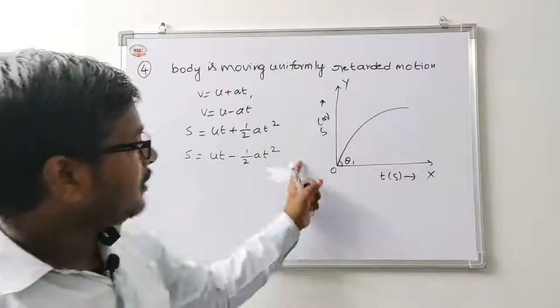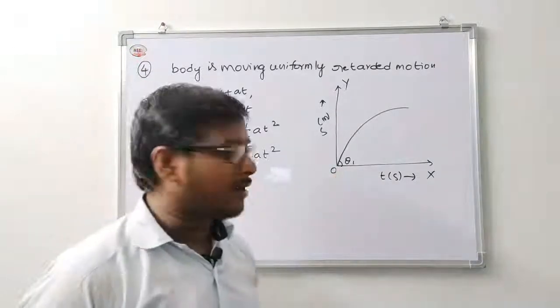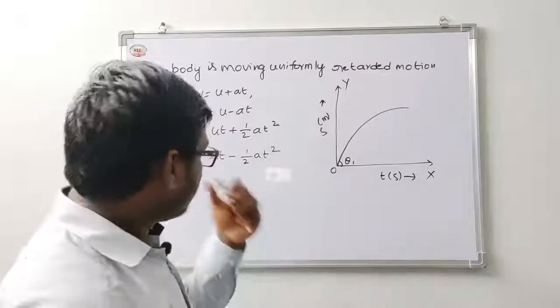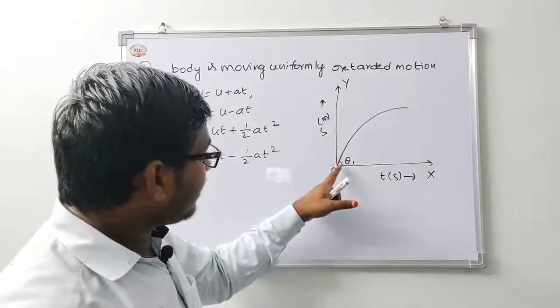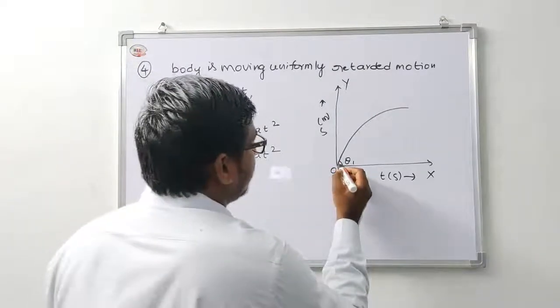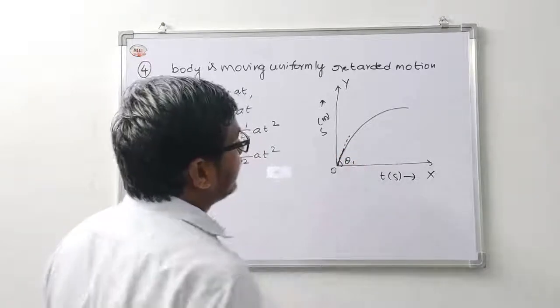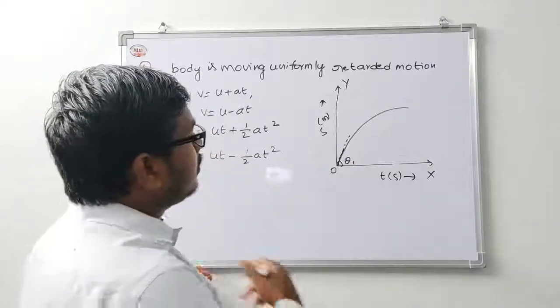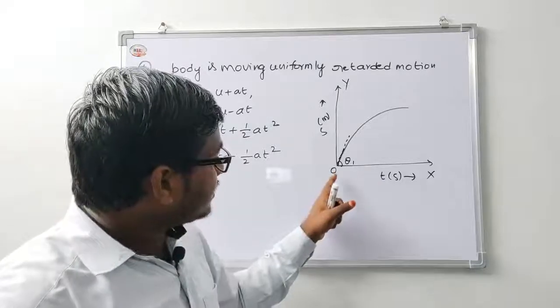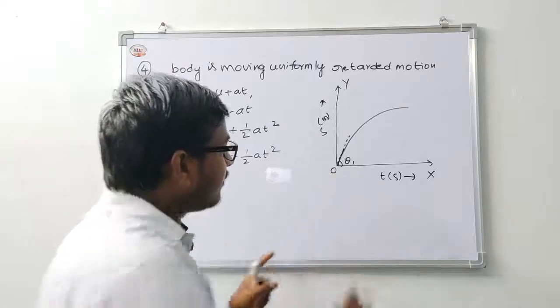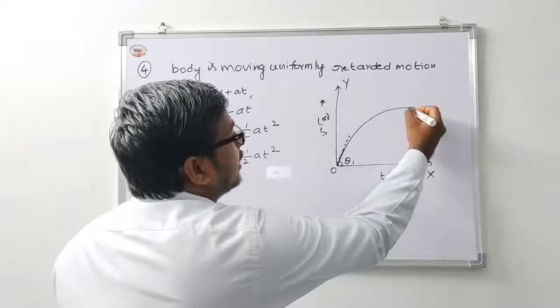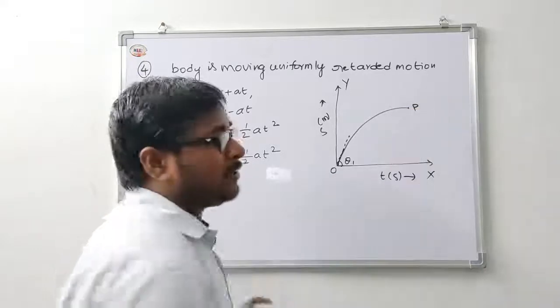For example, take the s-t graph. First the initial velocity u, making an angle theta 1. The graph is starting from the origin to the final point P.